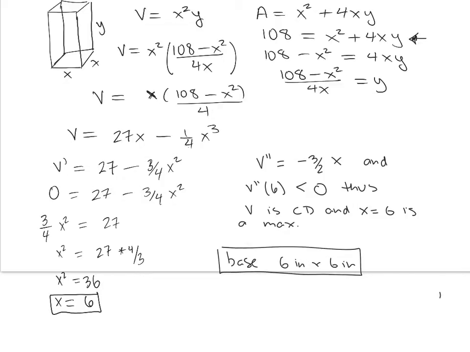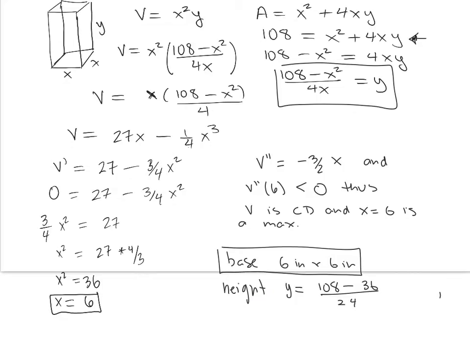And the height, how would you find the height or the y? You could use this equation, couldn't you? Does that make sense? So your height would be y, which is 108 minus 36 over 4 times 6, which is 24.